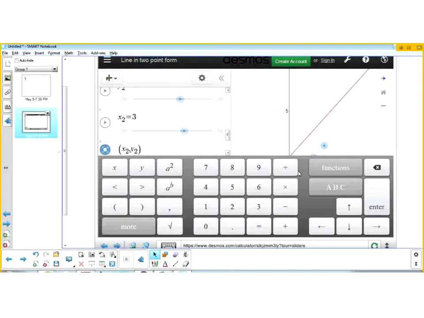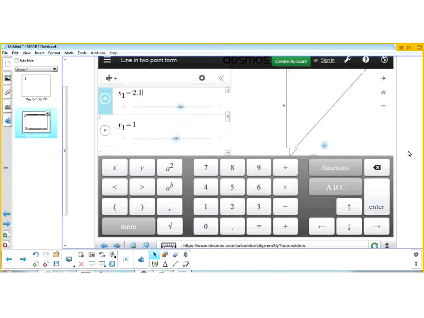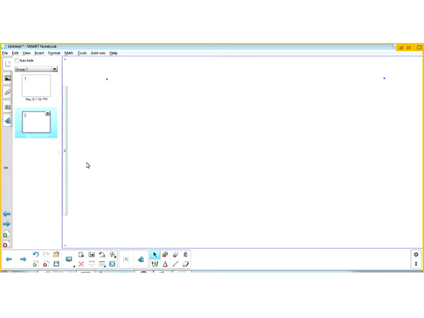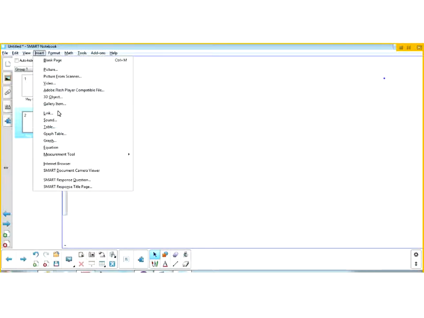I lost the arrow on how to dismiss the keyboard here. Okay, so let me retry this again. Let me get rid of the browser and insert another browser.